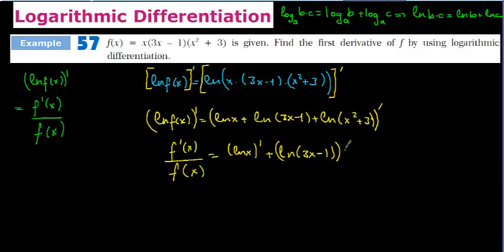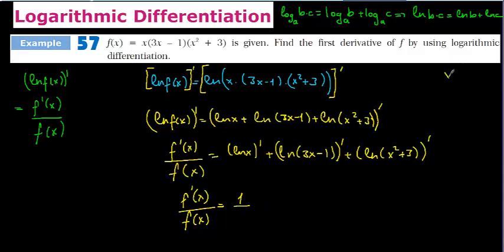The derivative of ln x is x' over x, which is equal to 1 over x.